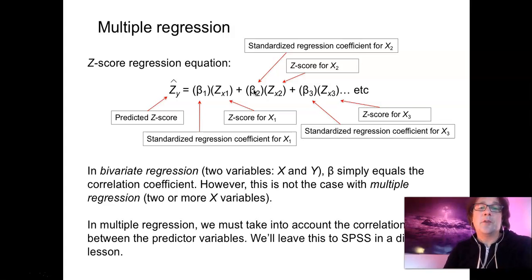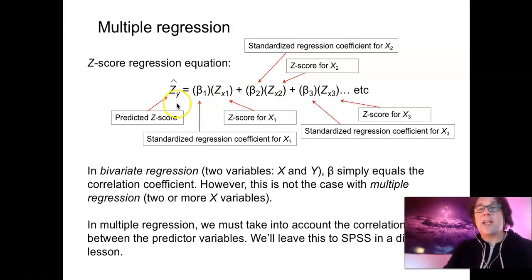So again, in multiple regression, we must take into account the correlations between the predictor variables. This is where the idea of multicollinearity comes into play. What if predictor 1 and predictor 2 are really strongly correlated?